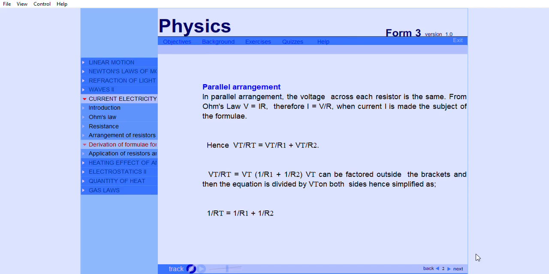Vt divided by RT is equal to Vt in brackets 1 divided by R1 plus 1 divided by R2. Total voltage can be factored outside the brackets, and then the equation is divided by Vt on both sides, hence simplified as 1 divided by RT is equal to 1 divided by R1 plus 1 divided by R2.